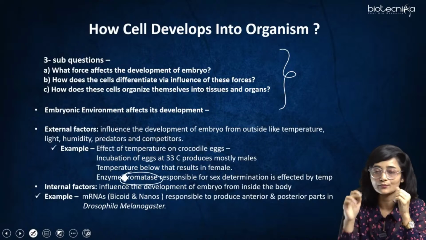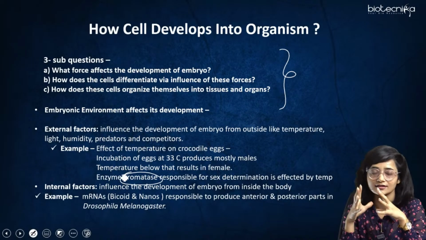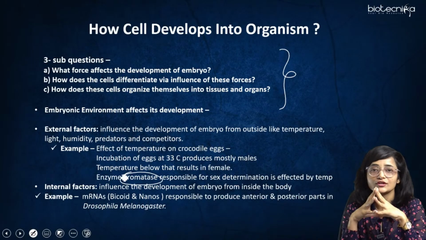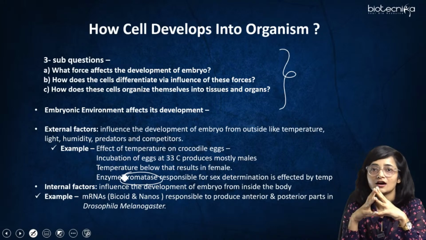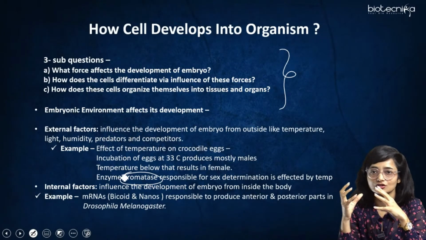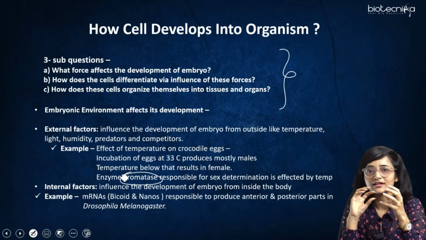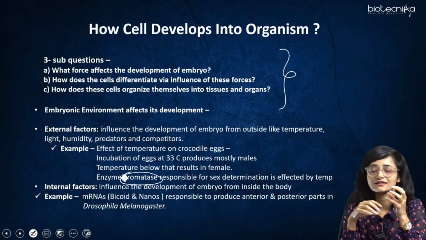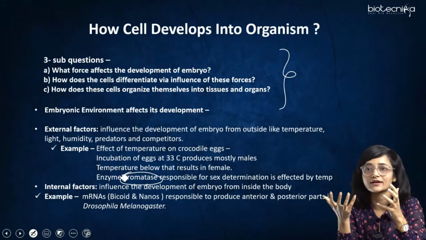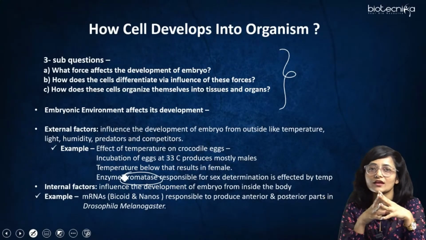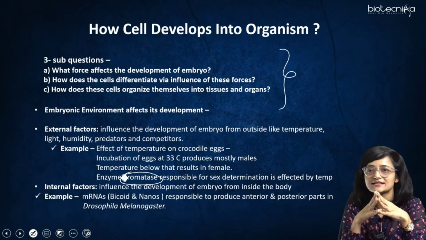This enzyme is very important. Questions related to it have come in the CSIR NET paper, so you need to remember this enzyme. The aromatase enzyme is affected by the temperature, and due to the effect of temperature, it determines which sex a particular crocodile will develop into. So this is the basic example.